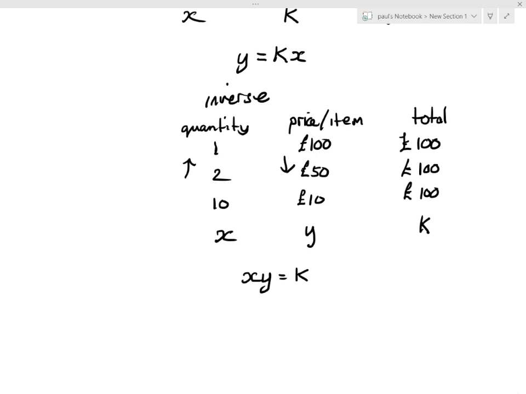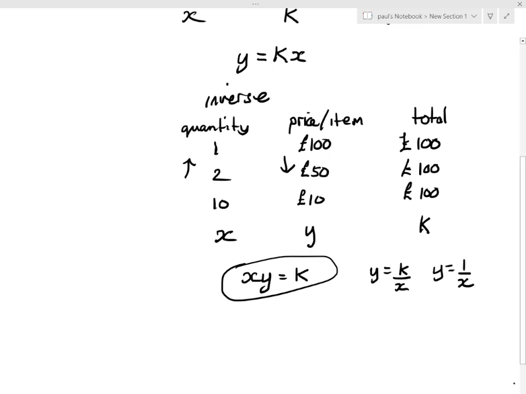This can be written several different ways. You could have Y equals K over X, or even Y equals 1 over X, just to show you that the inverse makes it the inverse proportion, so as one goes up the other one goes down. So this is really the one you need to remember.